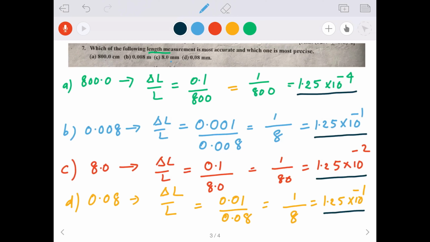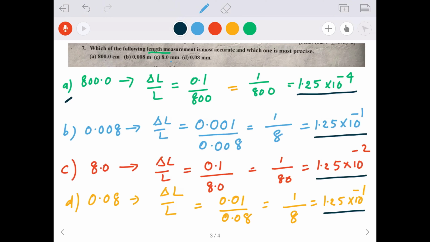Anyway, since the relative error in the measurement is minimum at A, here you can see 10 raised to minus 4 has the minimum value. It has the lowest power. So we can write that the measurement in A will have the most accurate value.